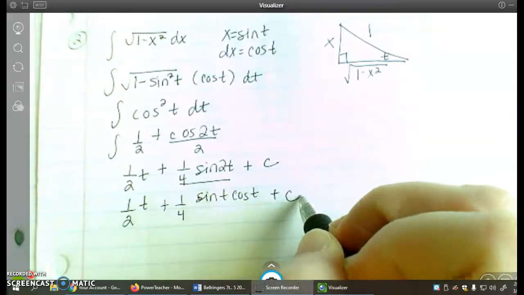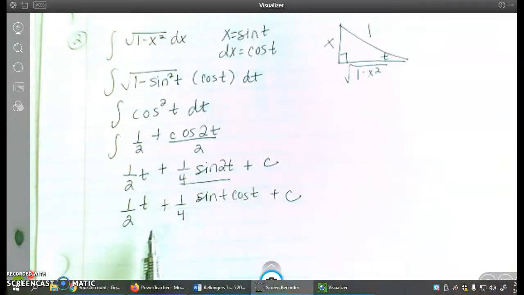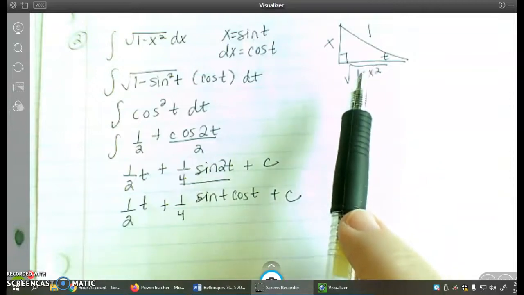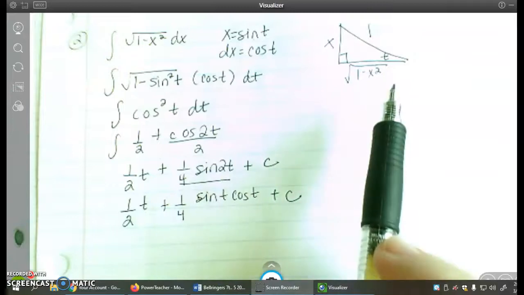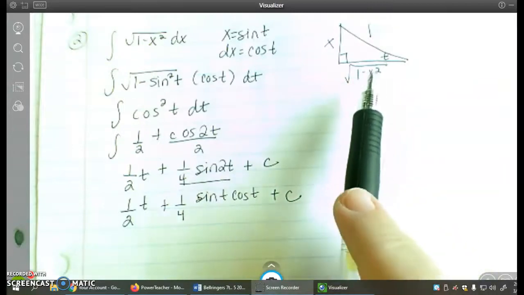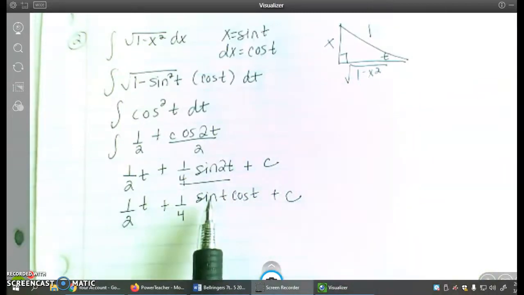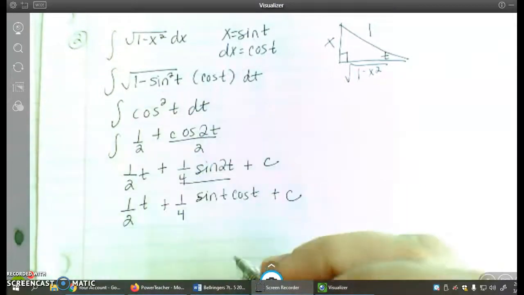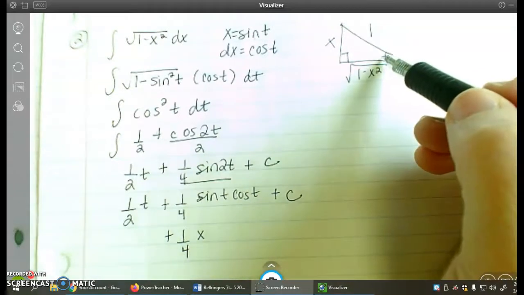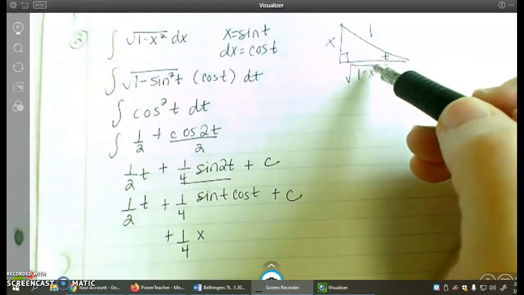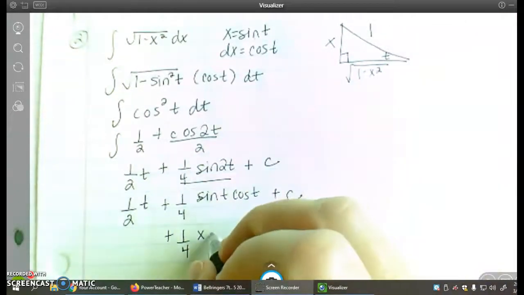The reason that is helpful is because we're trying now to substitute in what sine and cosine are based on this triangle, and because it said sine of 2t, I was not able to do that because our angle is t. So now let's figure out what sine is. We already know that sine was x, so I'm going to go ahead and let that be x. Cosine is adjacent over hypotenuse, so that's going to be the square root part of it.